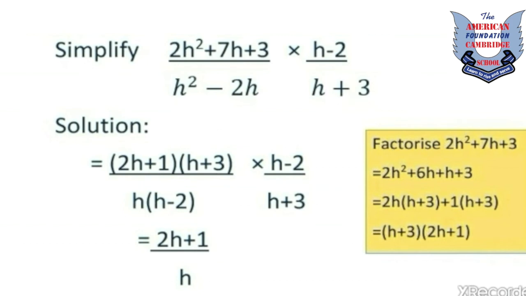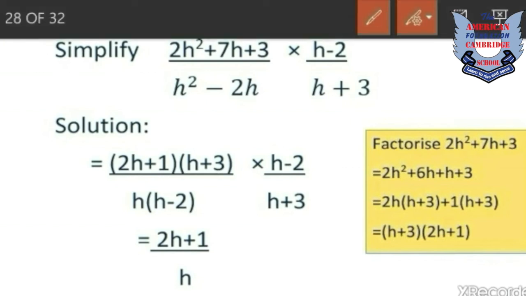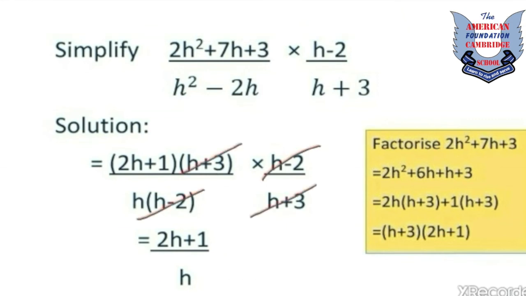After factorization, you just have to reduce the fraction by cancelling out the common brackets. (h − 2) will be cancelled and (h + 3) will also be cancelled. The answer is (2h + 1) upon h.